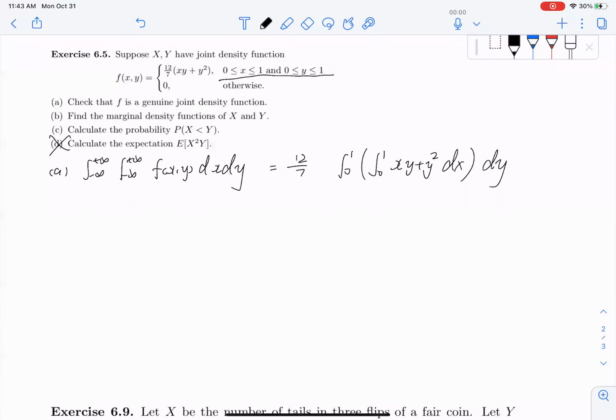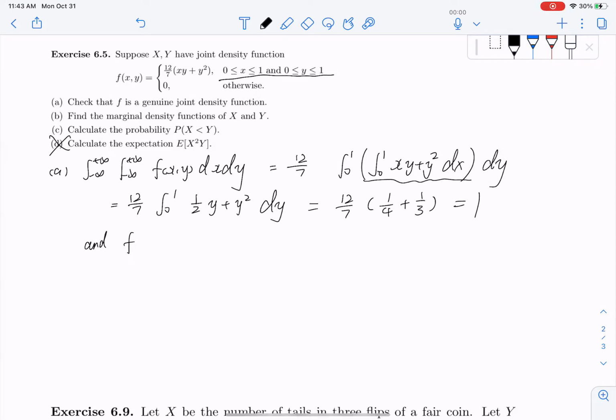So now that's this integration, and if we continue, first I do this inner integration, and it gives me 1/2 y plus y squared, and then the answer. I'm showing every step clearly. So now this integration is proved to be 1.